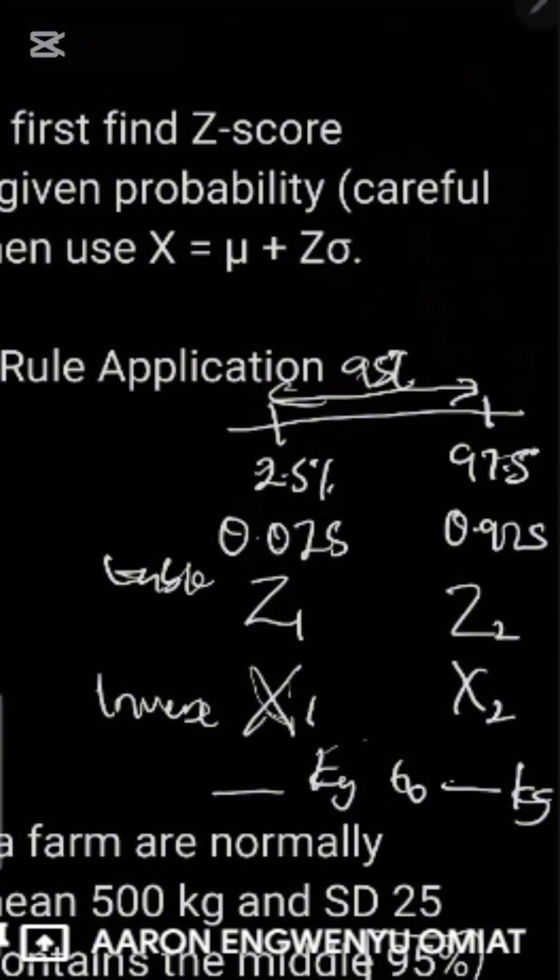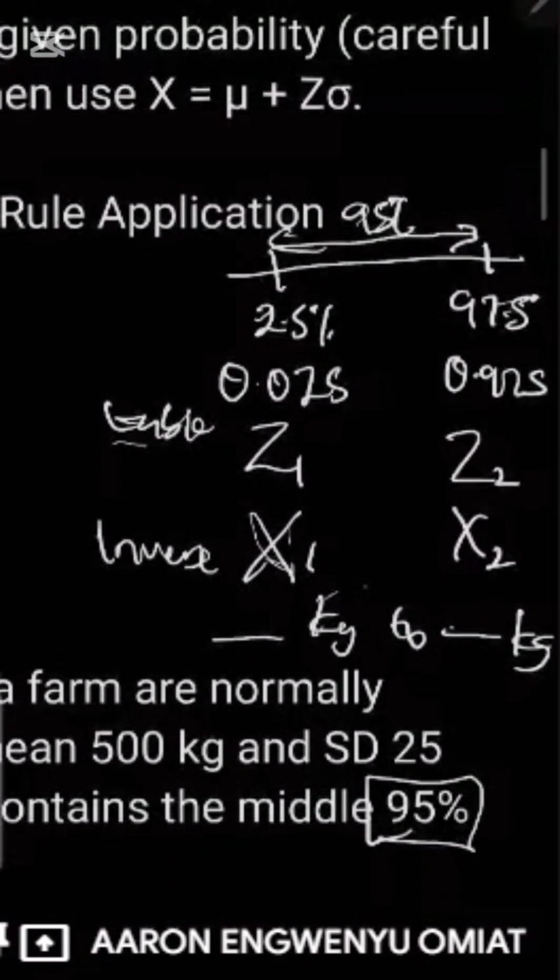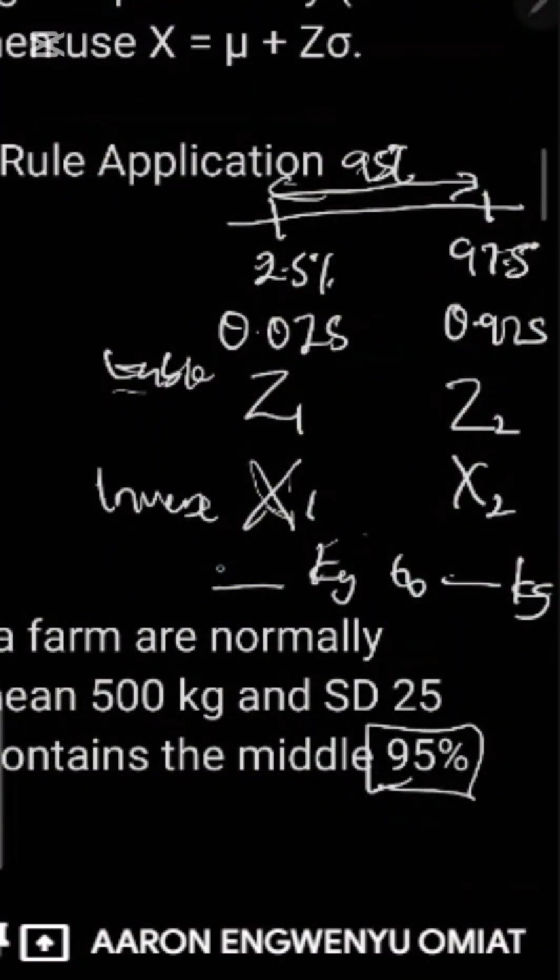We convert those to probabilities, which are 0.025 and 0.975. Using our table, we reverse and find the z-scores, z1 and z2. Using our inverse formula, we find x1 and x2. And our final answer would be something like dash kilograms to dash kilograms.